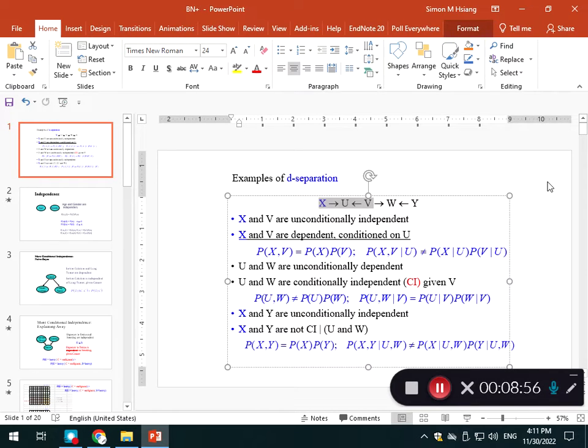Because does anybody have a common ancestor of X or a common ancestor of V? No. So X and V are unconditionally independent. Second, X and V are dependent if I have the information about U. So I can have smoking and a toxic environment, and they are supposed to be independent.